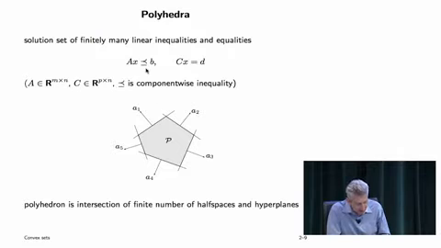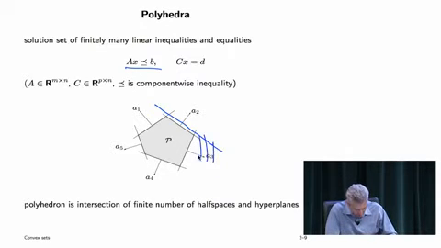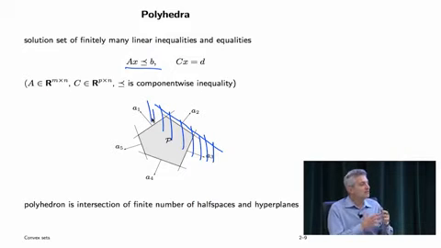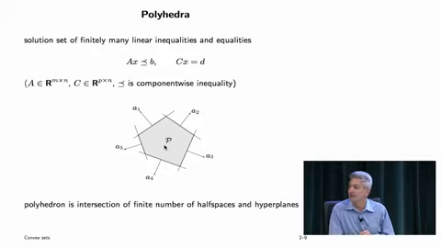And the second row of this inequality gives you all the points that are over here. And of course, if you take the intersection, what you end up with is this shaded set. So this is defined to be a polyhedron, and the plural is polyhedra.